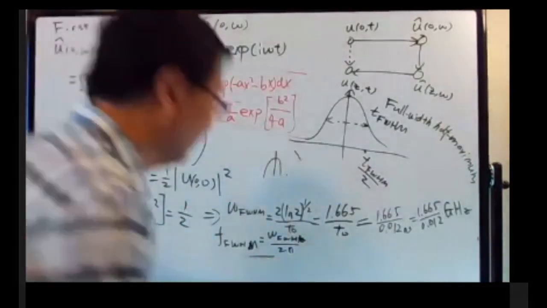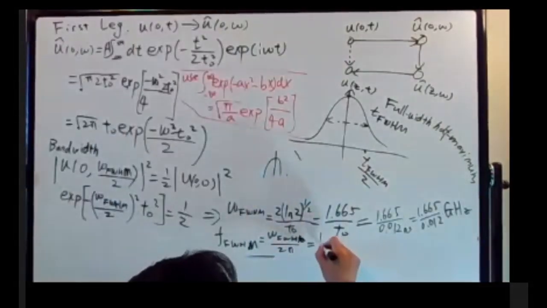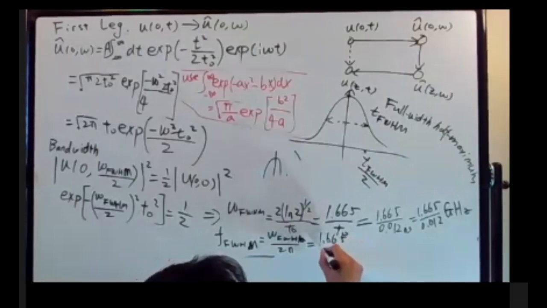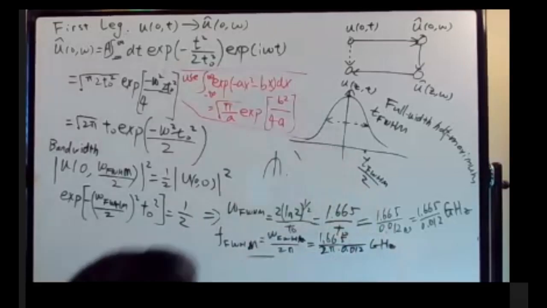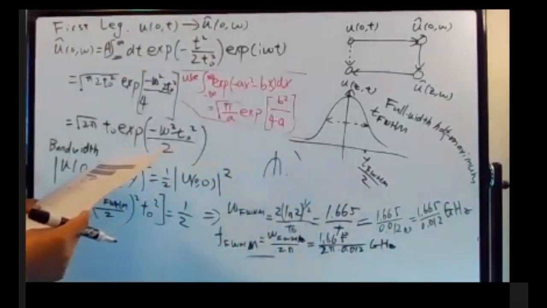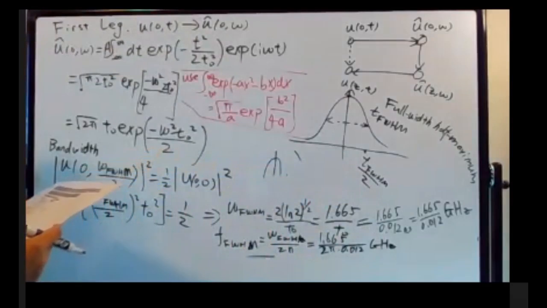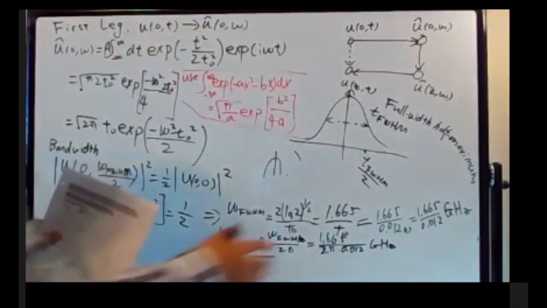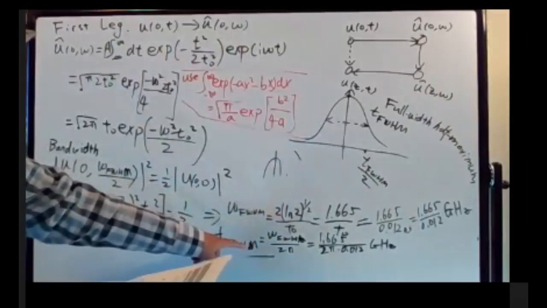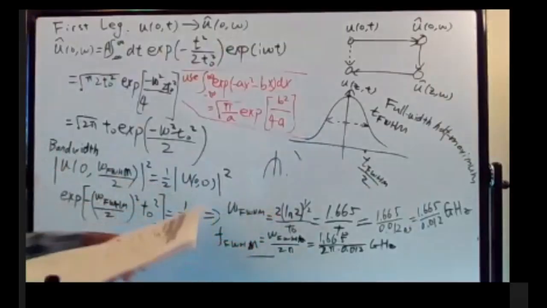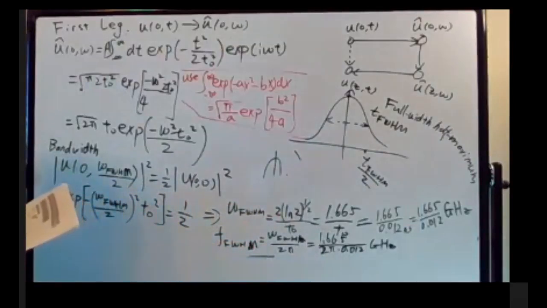So this would be 1.665 over 2 pi times 0.012 gigahertz, right? But the previous one is angular frequency, and this is the frequency.